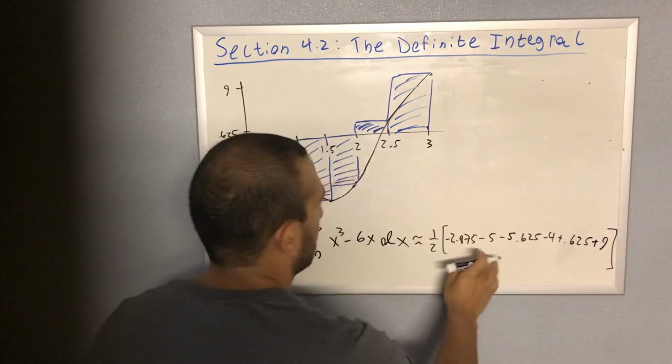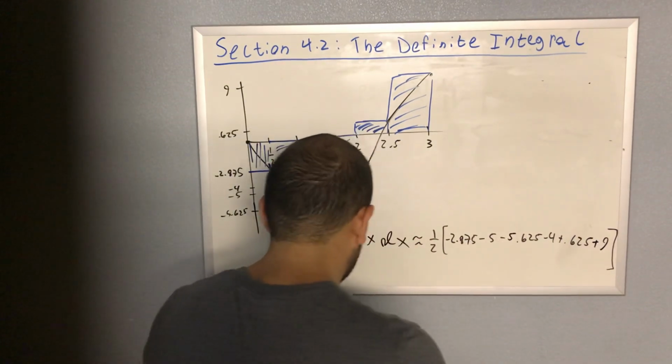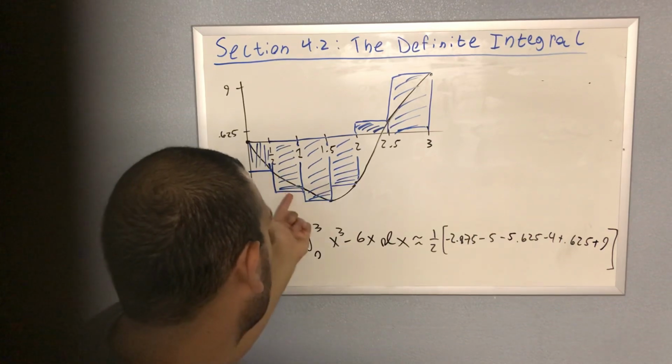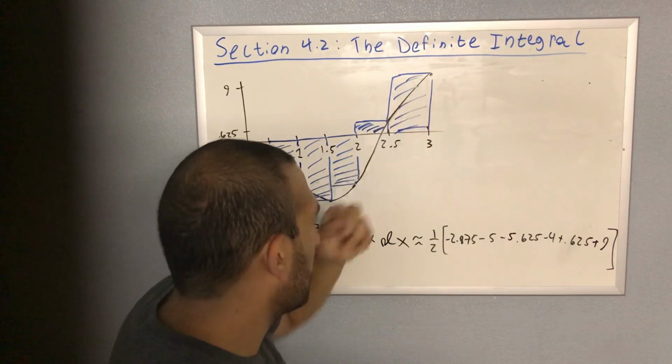Okay, so each of these is the output of the sample points. So the height, how low or how high you went.